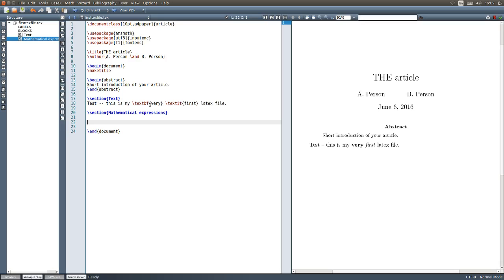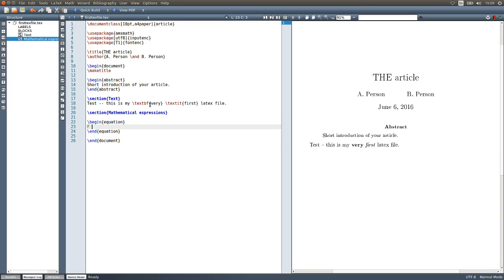One of the very common environments that we need for mathematical expressions is equation. So we can begin and end equation, and inside here goes whatever is going to be in our expression.